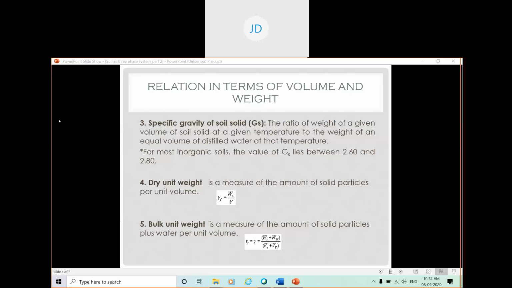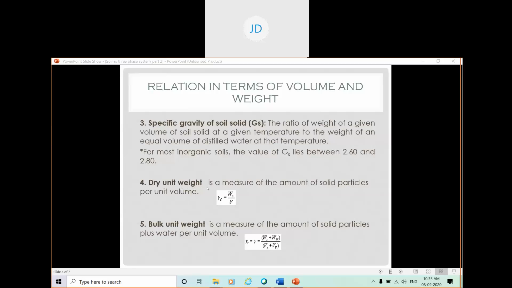Okay. After that, let's discuss number 4, dry unit weight. Unit weight is common; the new term here is dry. If somebody asks you what is dry unit weight, that means they actually want to know the unit weight of soil solid particles, because soil solid particles are taken as dry, and water and air are separated out in the three-phase diagram.